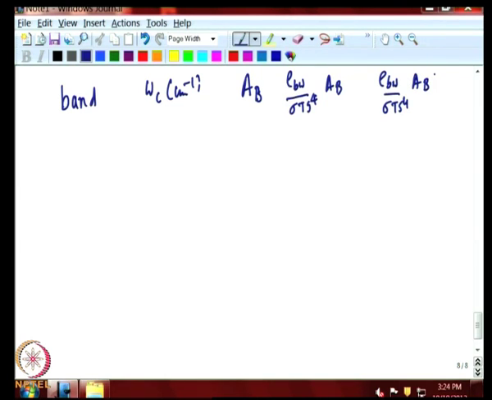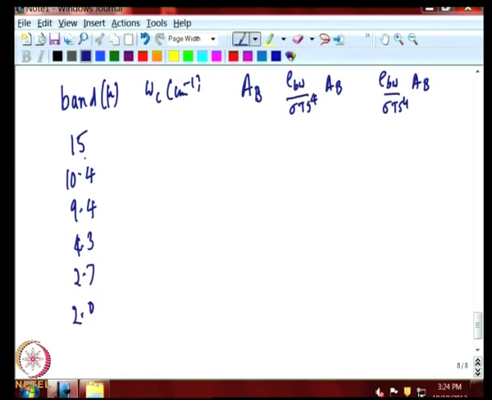So, these two are the contribution for emissivity and absorptivity. The bands considered are 15 micron band, 10.4 micron band. Each band is represented by the wavelength in micron.